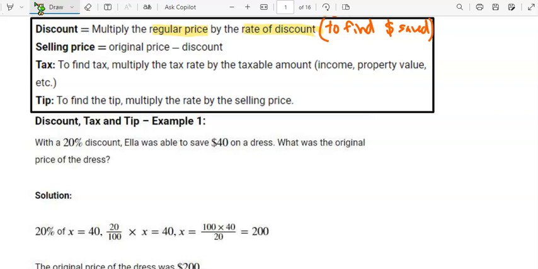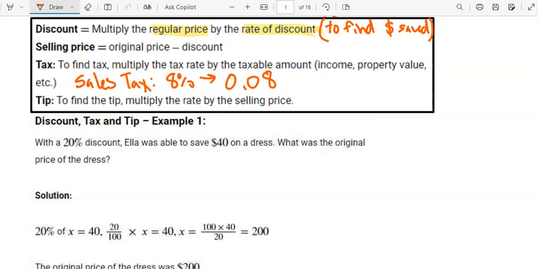To find tax, multiply the tax rate by the taxable amount. Sales tax, for example, is 8%. 0.08 would be what you would multiply that by. Other taxes would be specified in the problem given.